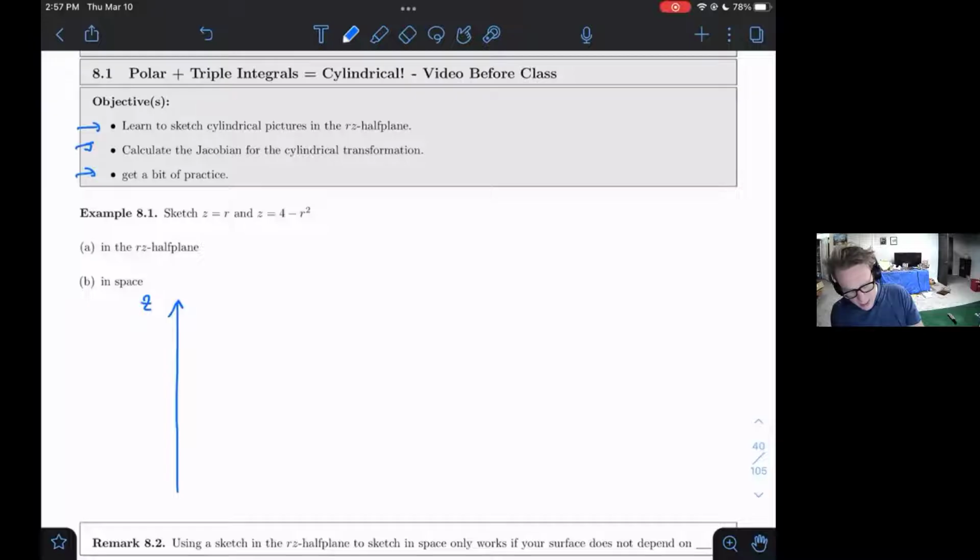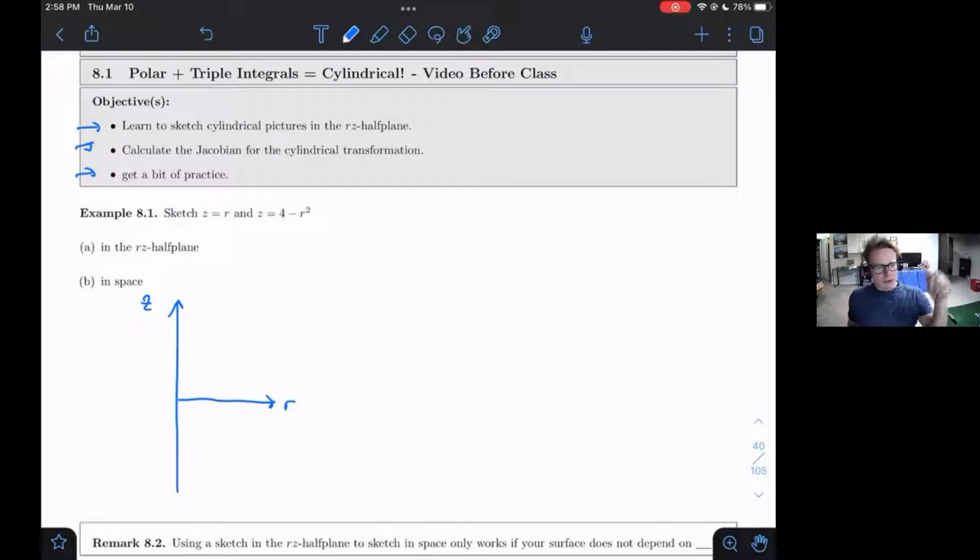Because we only allow a positive r value, a positive radius, it's a half plane rather than an entire plane. If we allowed negative radiuses as well, you would get the negative half, but we only have positive radiuses.